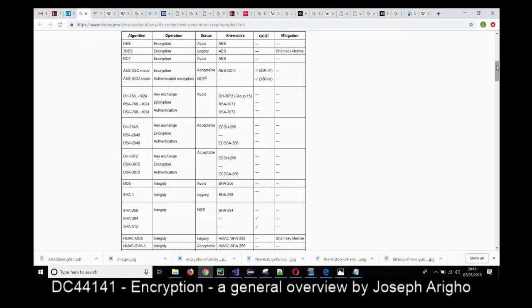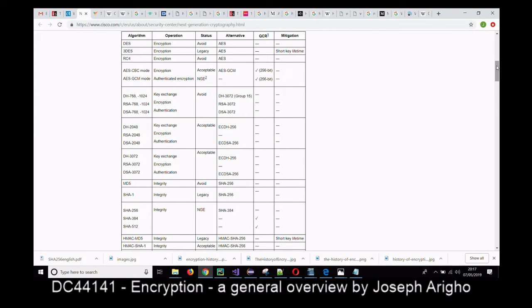So you can see their alternative is to use the Advanced Encryption Standard, which is what they picked. There's a variety of modes you'll find with the Advanced Encryption Standard and Data Encryption Standard, and some of them are a lot better than others. If anything is labeled NGE, if I draw your attention to the GCM mode, that basically means they reckon it will last for another 20 years or so before technology overtakes it, and we're going to have to get something else.